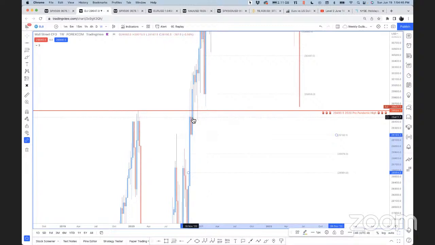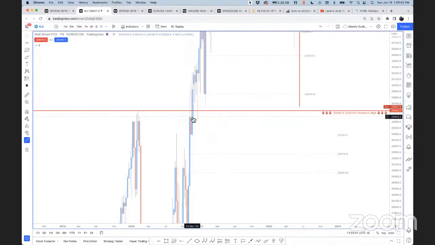And we got this order block right here, and we got this imbalance that's right here. So these are going to be areas that, if it doesn't bounce right here, we should see it at least respond to one of these three areas.